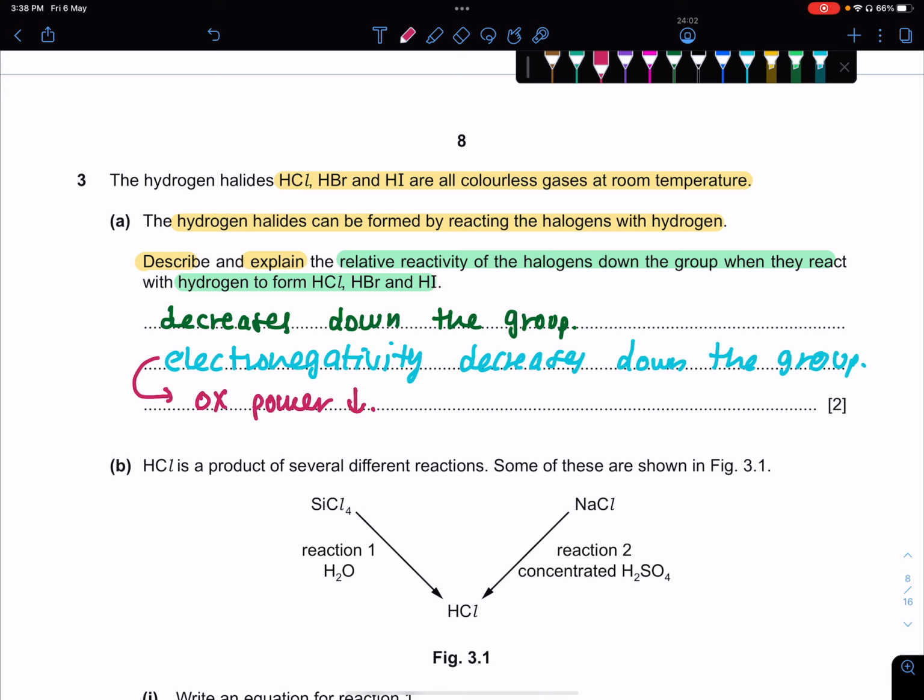These are oxidizing agents, and when an oxidizing substance oxidizes another substance, it itself gets reduced. The addition of hydrogen is reduction. When its ability to get reduced decreases, it means it is not easily reduced, so the reactivity of the halogen towards hydrogen will also decrease. Try to understand it. It is a very simple concept.